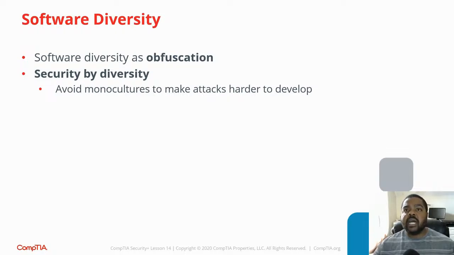The reason why is because when you are just one shop, let's say everybody is on Cisco devices, and then the company comes out and says, hey, all of our devices are vulnerable to remote code execution, it's a very critical vulnerability, and for right now we don't have an answer for it.